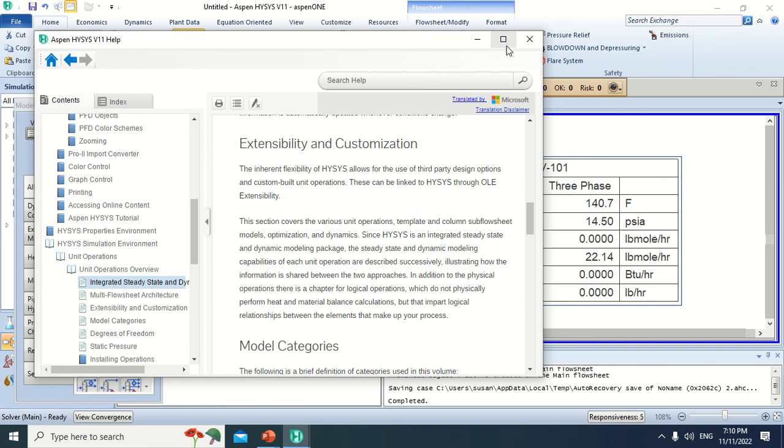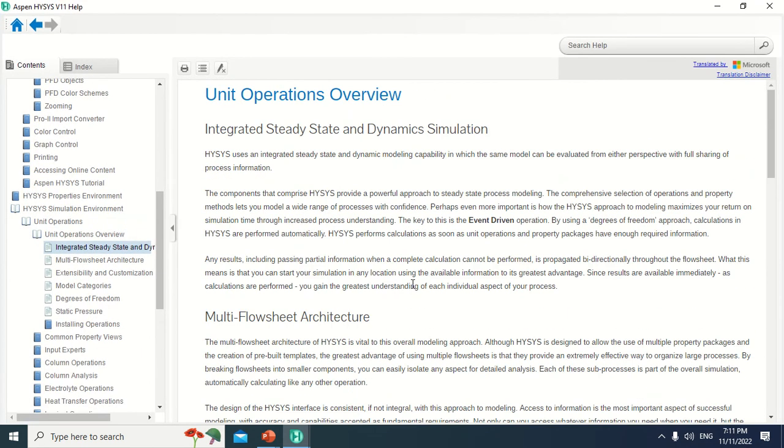Yes. We can read it and learn many different things. For example, integrated steady state and dynamic simulation.